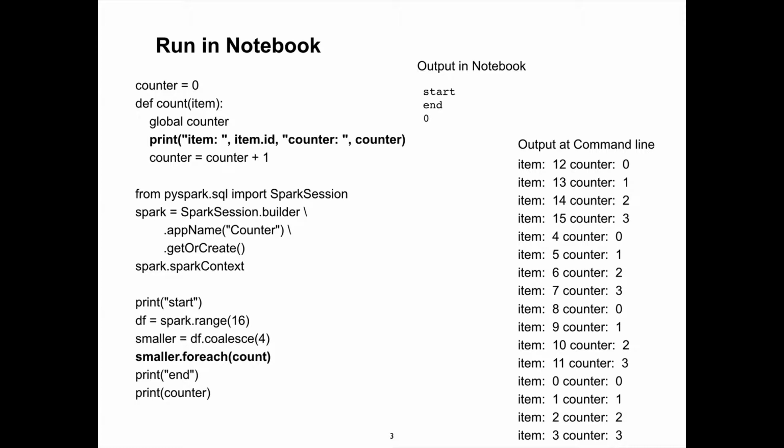And so what's happening is this count function is being run on the partitions, on the worker nodes. And each worker node starts out at 0. And when I'm printing out this counter, I'm printing out the counter on the master node, which hasn't been incremented at all.